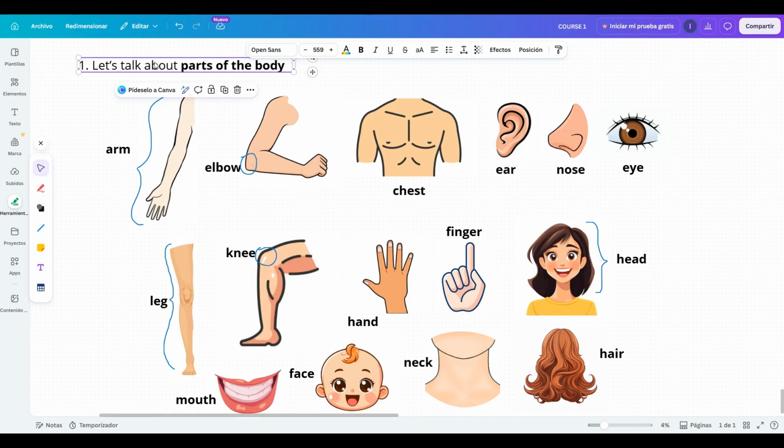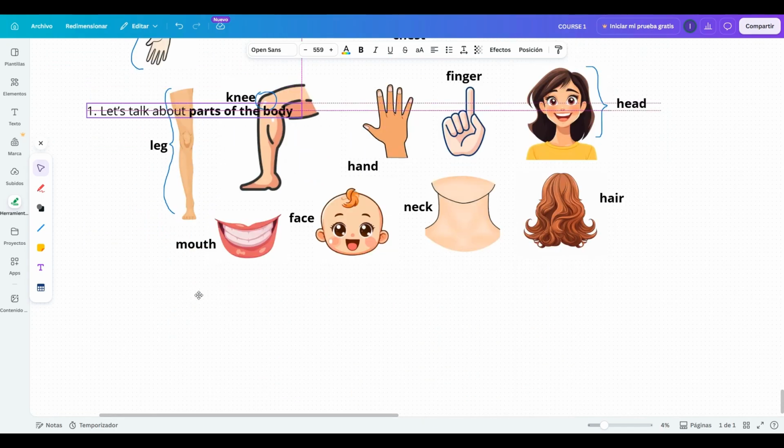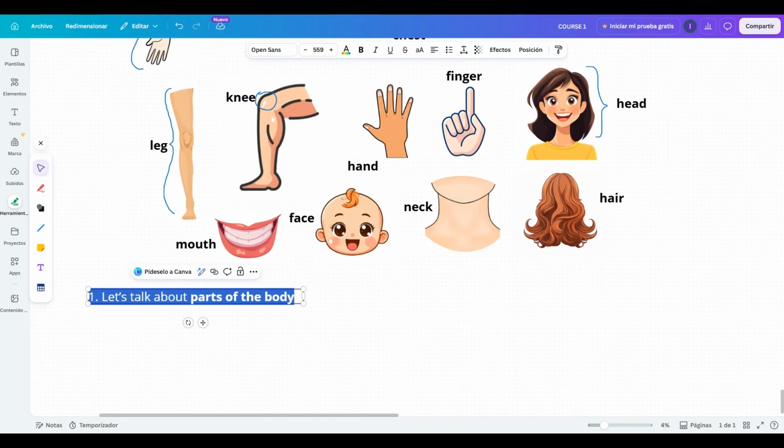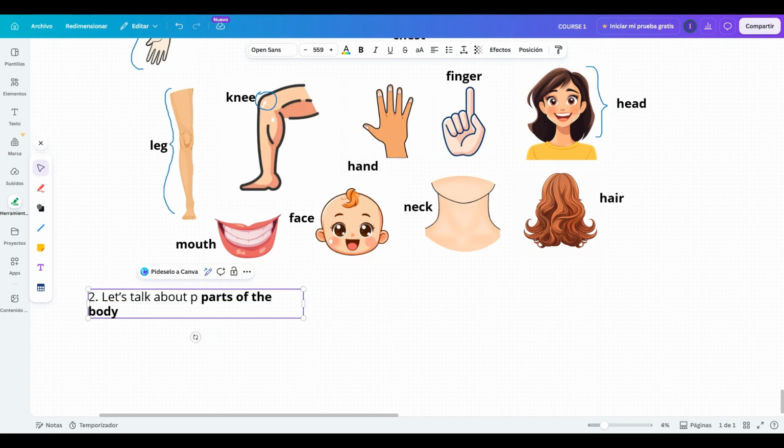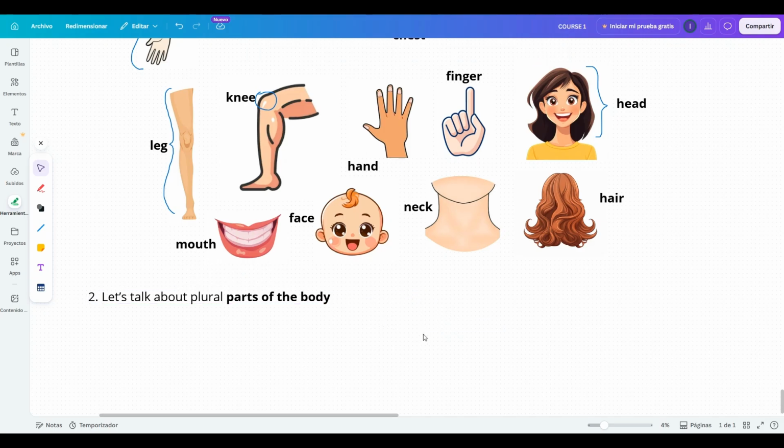But we need to remember that some parts of the body are in plural. Plural parts of the body. For example, you say eyes, right? People usually have two eyes, correct?